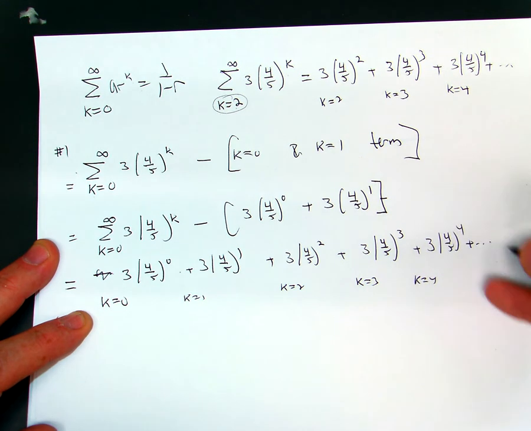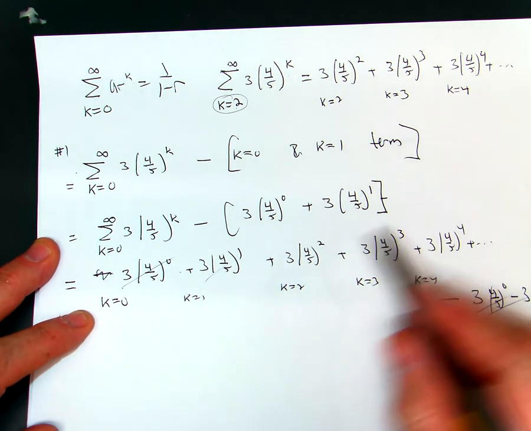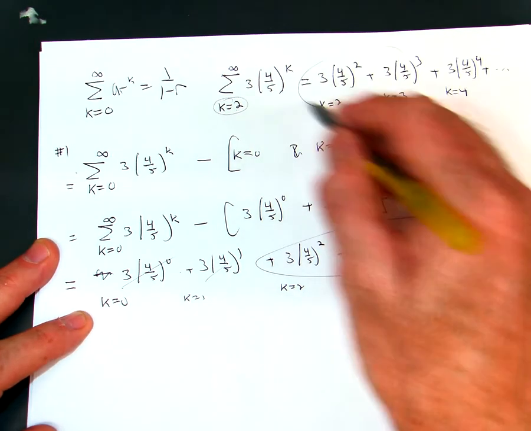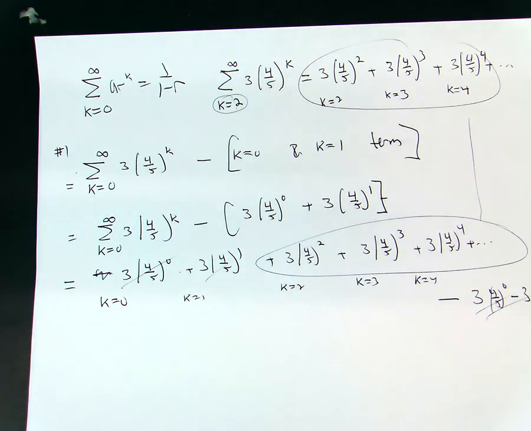That goes on, and then I subtract out these 2 terms. 3 times 4/5 to the 0, minus 3 times 4/5. Cancel, cancel, cancel, cancel. Same. Okay. So I just wanted to convince you of that.